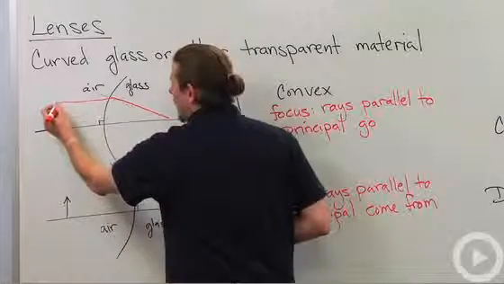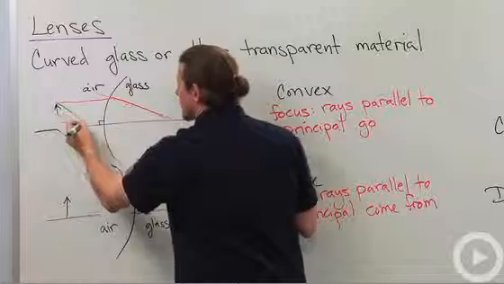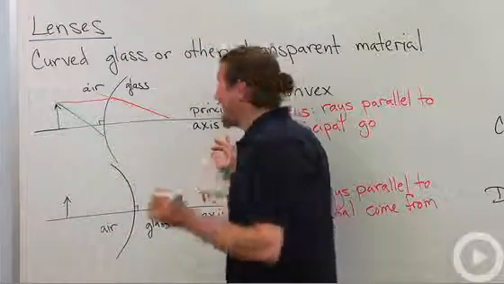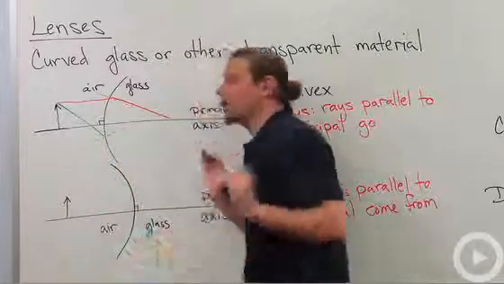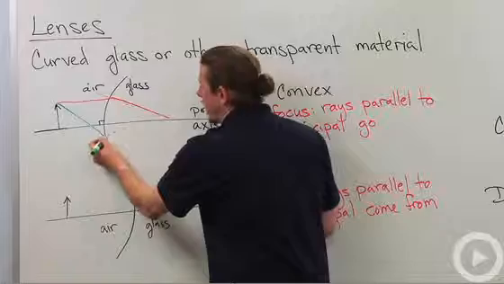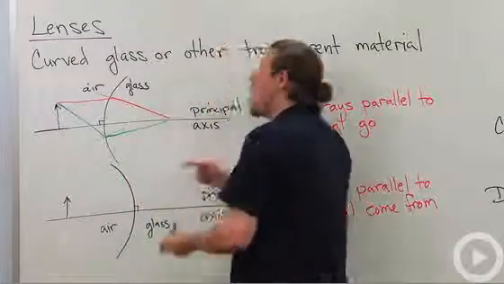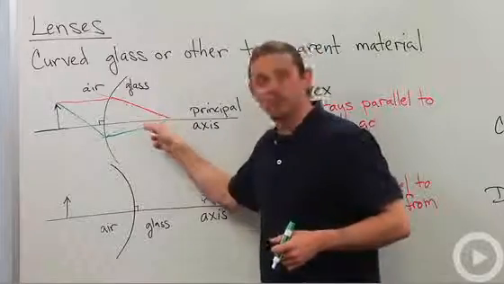All right, so that's fine. What about one that comes down like this? Well, down here, our normal looks like this. Remember, the normal has to be perpendicular to the lens. So the light is going to bend toward the normal. Notice what happens. The light beams are coming together.